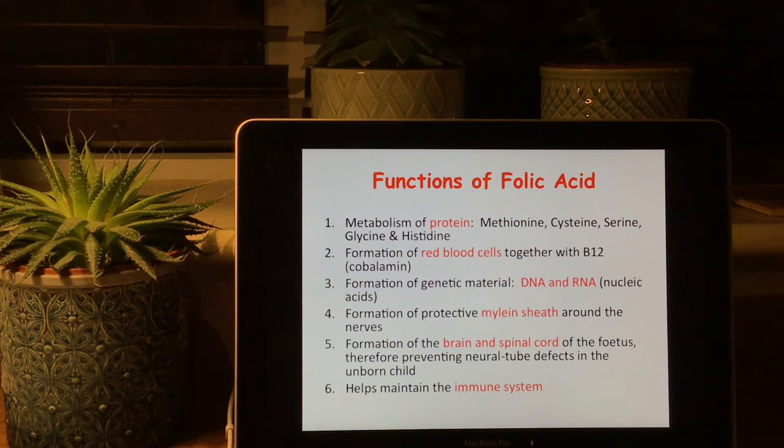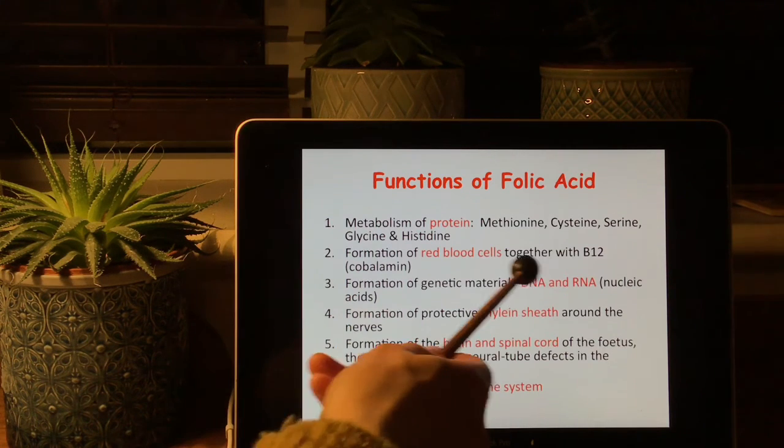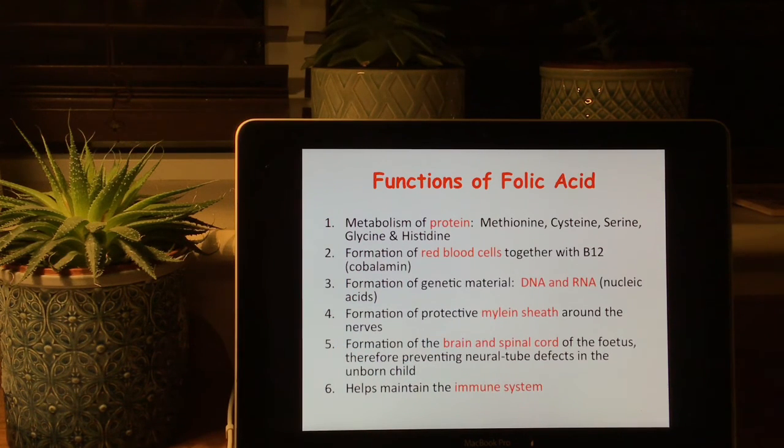Now also, folic acid is necessary to create something called the intrinsic factor, so that B12 can be absorbed correctly and produce the correct size of red blood cells.